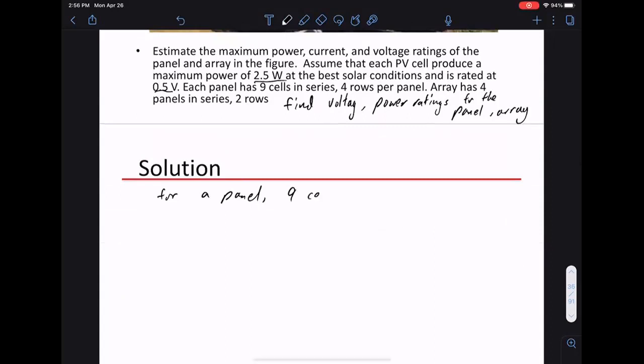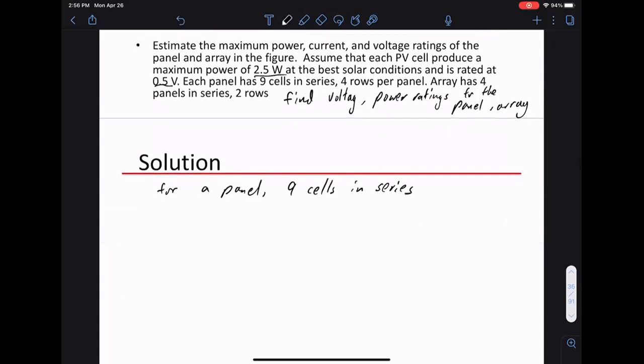For a panel, we have 9 cells in series. You have all these cells, you connect them in series, you have 9 of them. If you connect things in series, do you increase the voltage or do you increase the current?